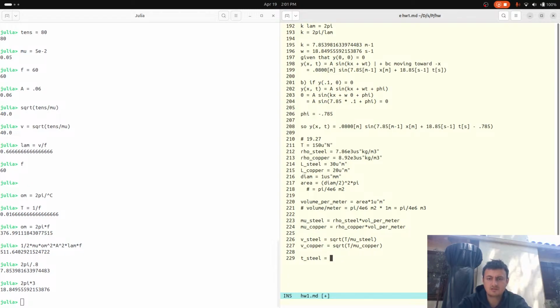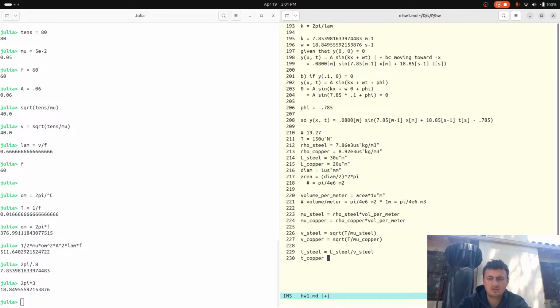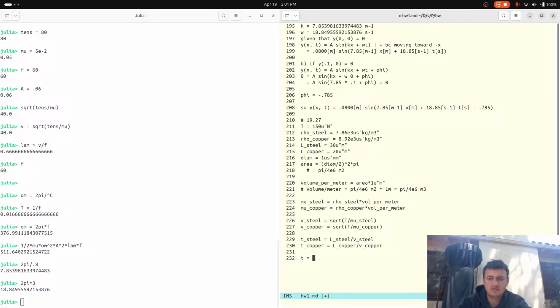So then T steel is just going to be L steel over V steel. T copper is equal to L copper over V copper. And T is equal to T steel plus T copper. I should be able to just take this.